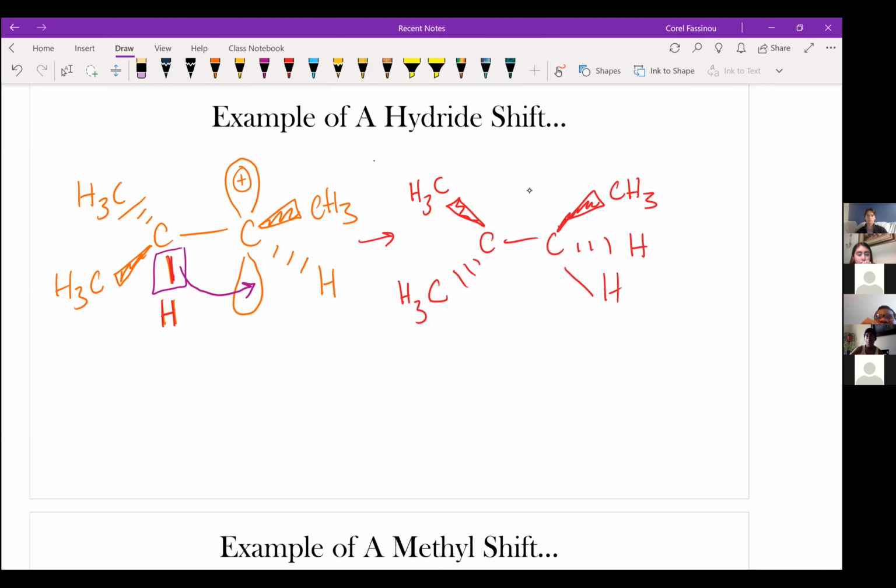So it'll have two hydrogens and then a methyl group. And the last thing is that now your positive charge is going to be on your leftmost carbon, or your left middle bonding carbon. And can someone tell me what's the difference between this carbocation, carbocation 1, and carbocation 2?